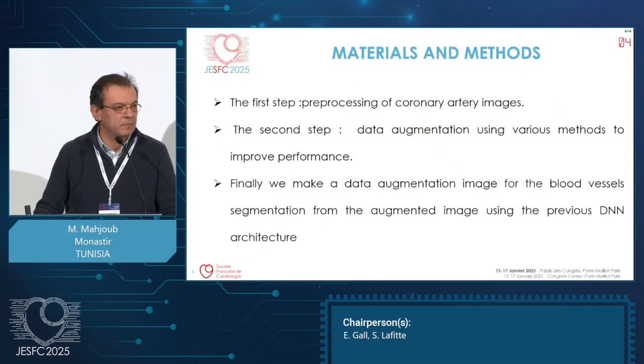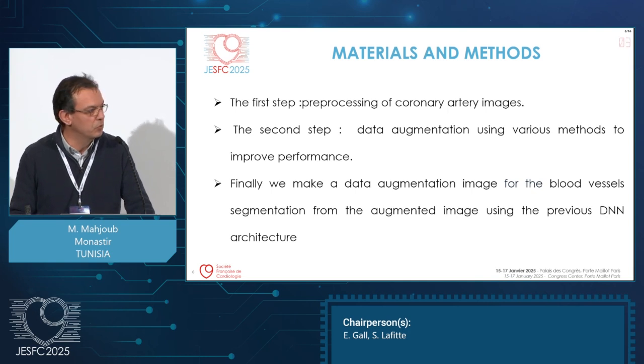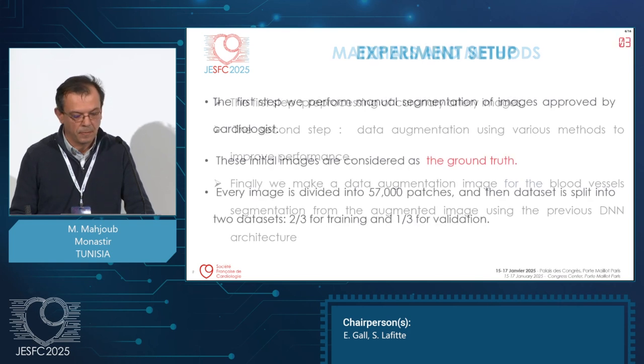The first step is pre-processing of coronary artery images. The second step is data augmentation using various methods to improve performance. Finally, we make data augmentation images for the blood vessel segmentation using the previous DNN segmentation images.